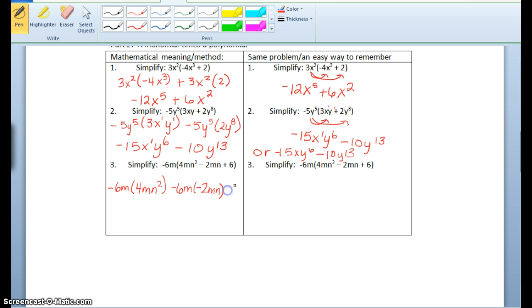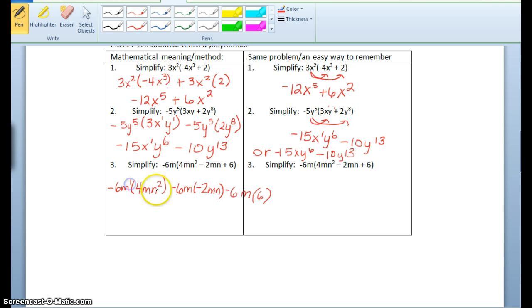Then we're going to have negative 6m times positive 6. And then we're going to multiply each of these monomials together.